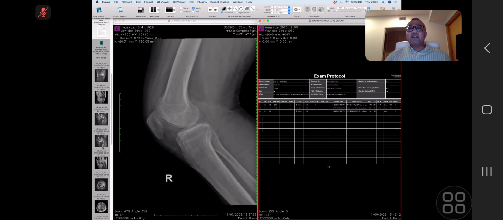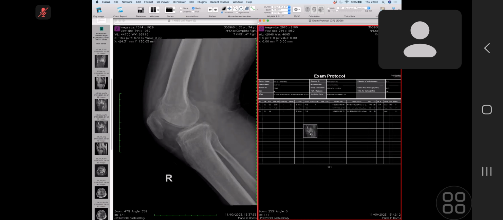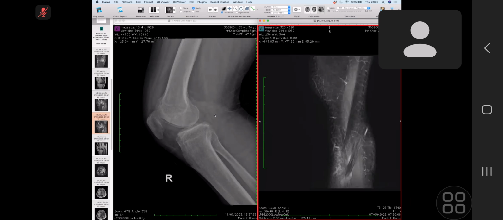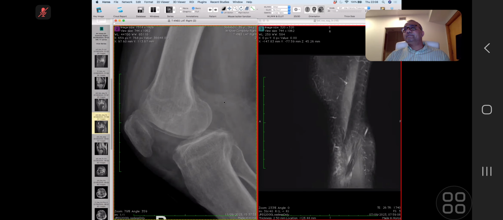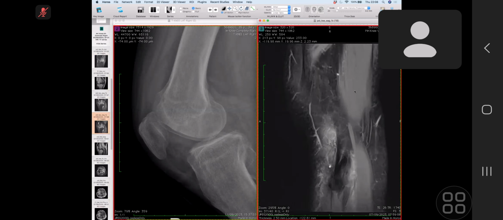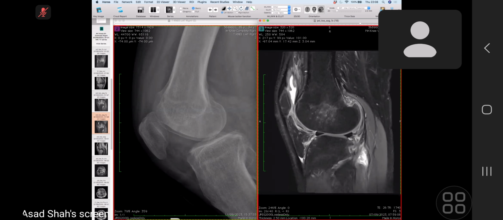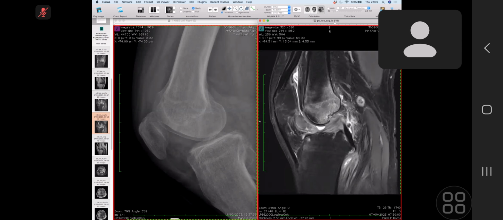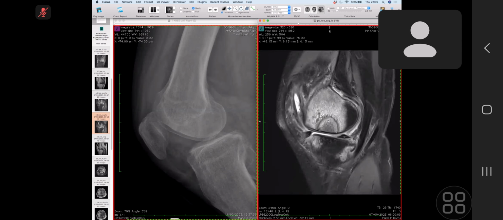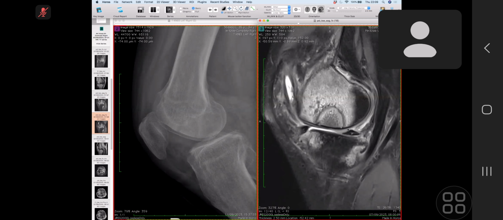This is a sagittal PD fat-saturated sequence. Yes, this is what I was seeing at the femoral condyle on the lateral view also. So there seems to be a big osteochondral lesion at the femoral condyle.